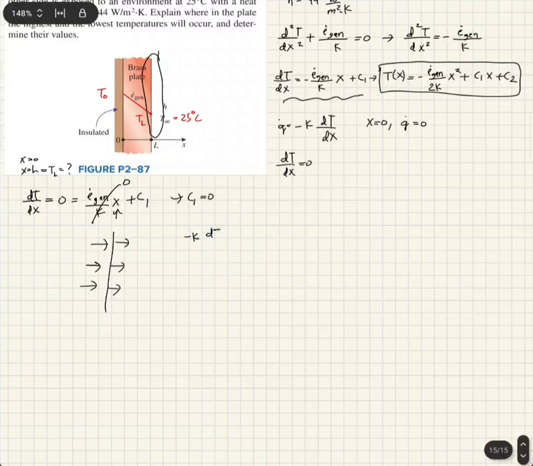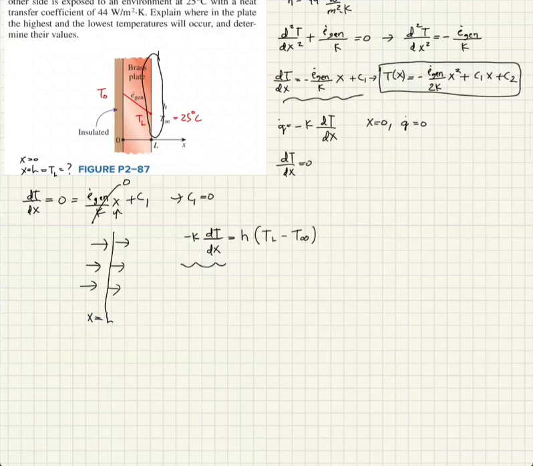Well, again, we have the equation, which is equal to h times (TL minus T infinity). This is the equation because we have conduction occurring on the left side and convection occurring on the right side, and this is at x equals L. Okay, that's important.